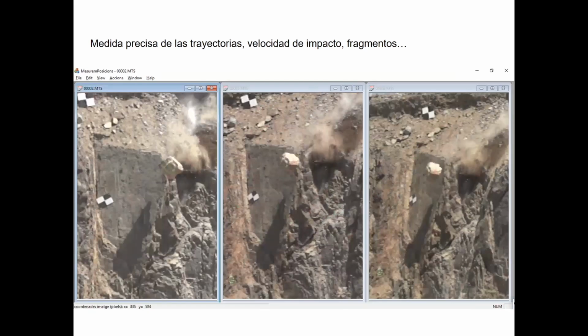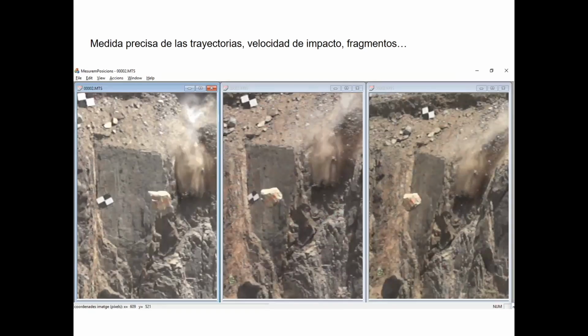Here we have the real purpose of the painting of the 3 big circles in red, yellow, and green. This is to ease the task of identification of the center of mass of each block during the trajectory downhill in each test.